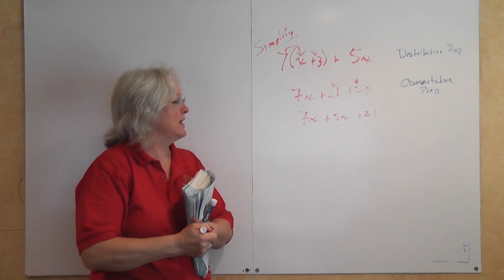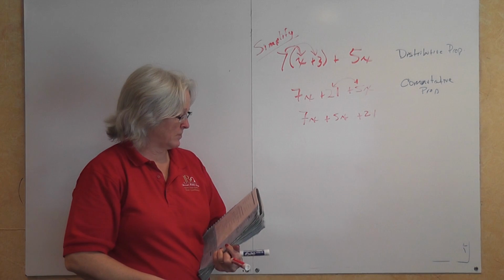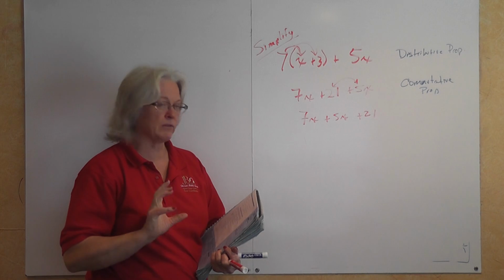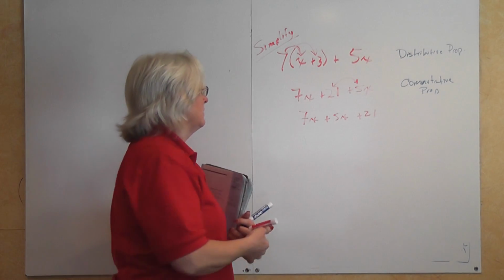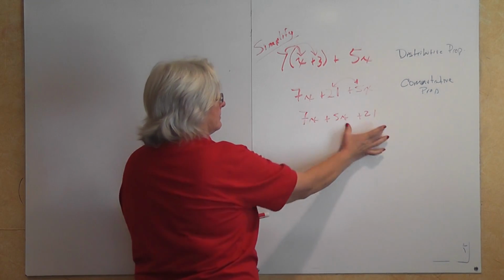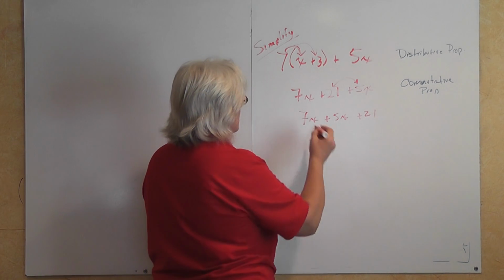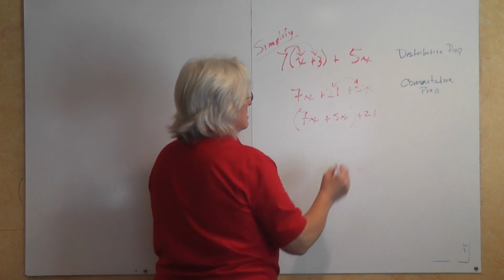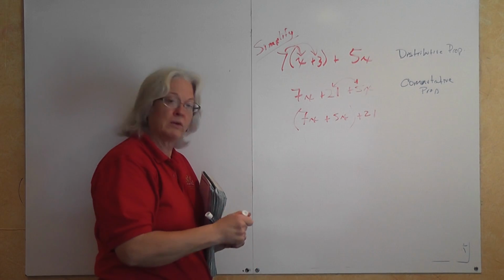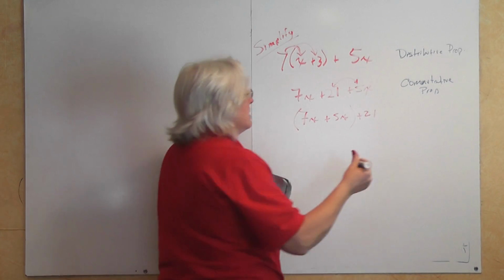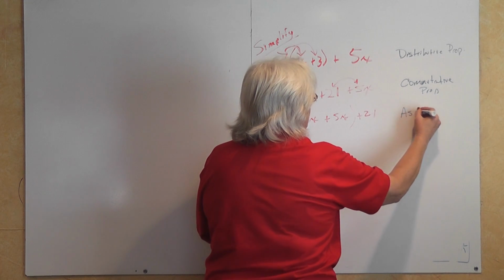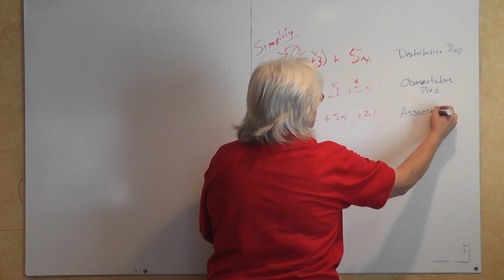I used the commutative property to do that. Now we also have the associative property that says you can group together in any way that you wish. You can group any pair. So I'm going to use the associative property that lets me pair together any 2 addends.